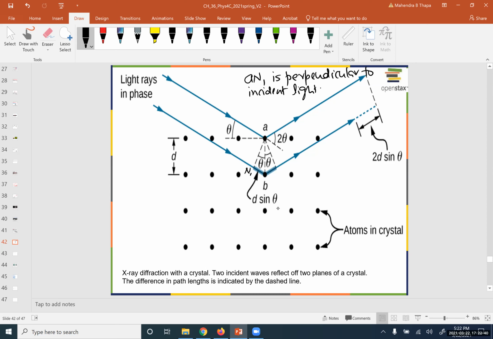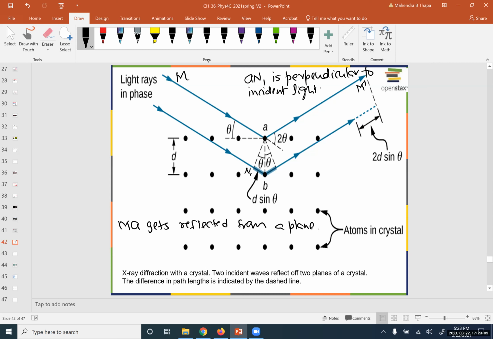Let me just put some names: say m a, and m a prime. So if you look at this picture, we can say that m a gets reflected from the top plane.